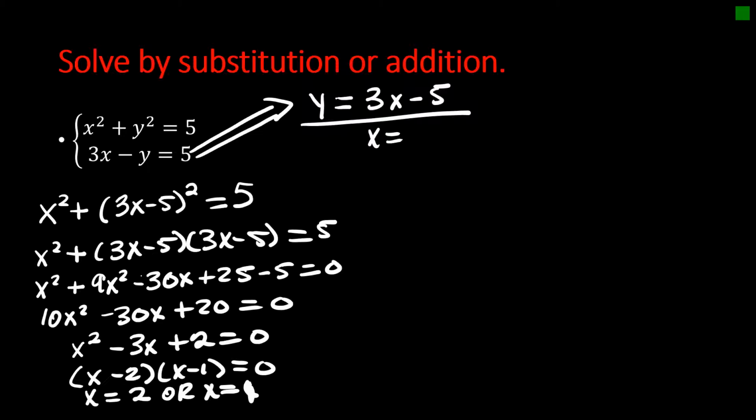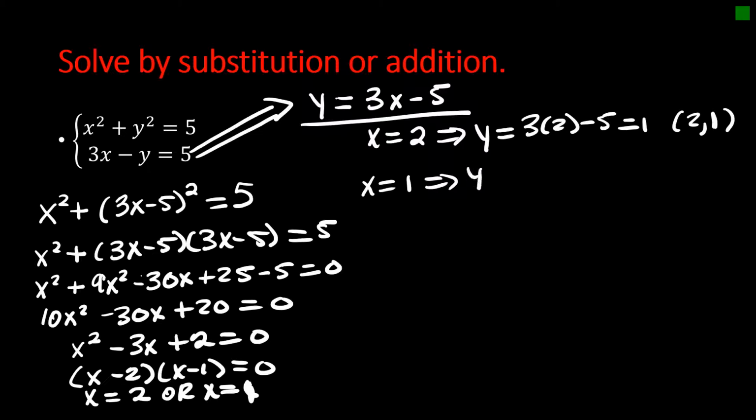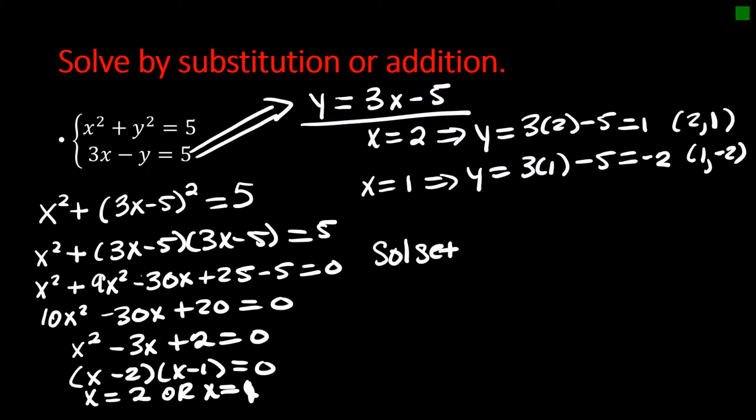So when x is 2, y is going to be 3 times 2, which is 6, minus 5, which is 1. So we have a point 2, comma 1. When x is 1, y is going to be 3 times 1, which is 3, minus 5 is negative 2. So we have a point 1, comma negative 2. So our solution set contains the points 2, comma 1 and 1, comma negative 2.